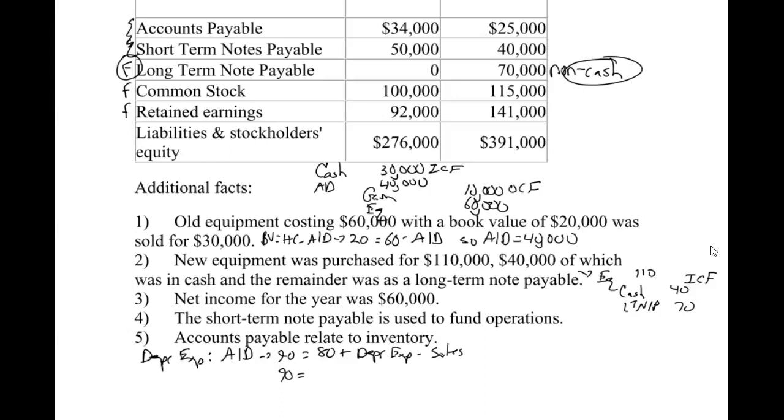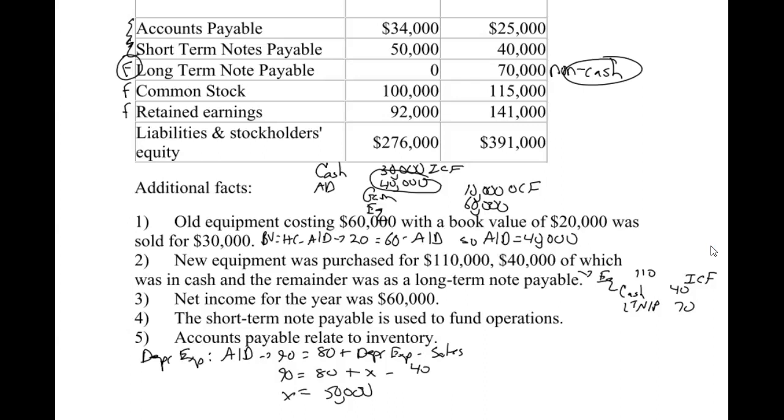So that means we have 90 equals 80, plus X, less the sales. So look, I'm pulling this 40,000 right here, because remember, we sold that. Accumulated depreciation is a normal credit balance, so a debit to that account reduces it. And that's what we mean here by that sale. So if we solve through, we can get depreciation expense of 50,000.